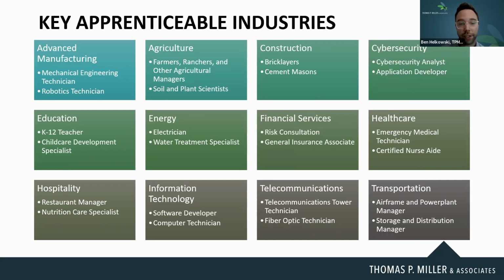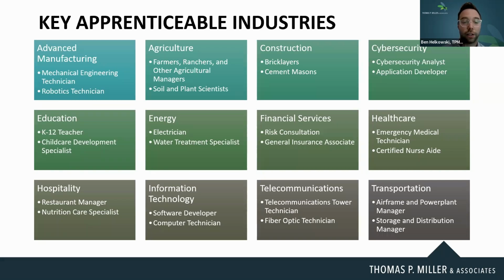The financial services sector, including risk consultation and general insurance associates. The healthcare sector, that includes emergency medical technicians and certified nurse aides. The hospitality sector, that includes restaurant managers and nutrition care specialists. Information technology, which includes software developers and computer technicians.